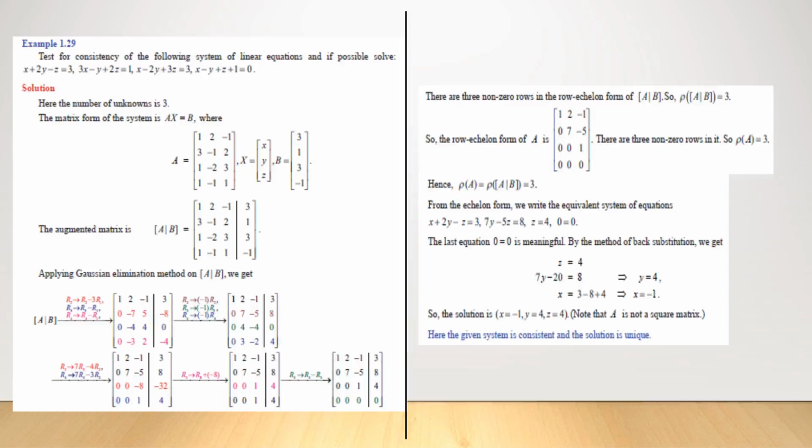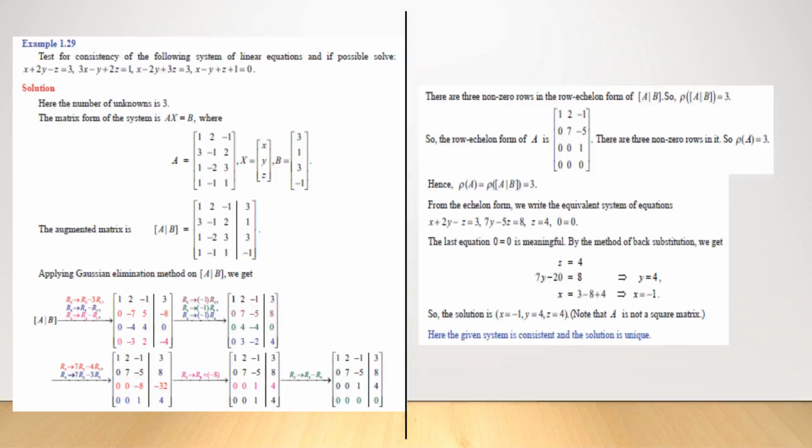By using elementary row operations, we bring the matrix to triangular form, that is row echelon form. Then you have to calculate the rank of the A matrix separately and the rank of the [A, B] matrix separately. Here the rank of the A matrix is 3, as there are 3 non-zero rows. The rank of the [A, B] matrix is also 3; for that also we have 3 non-zero rows.